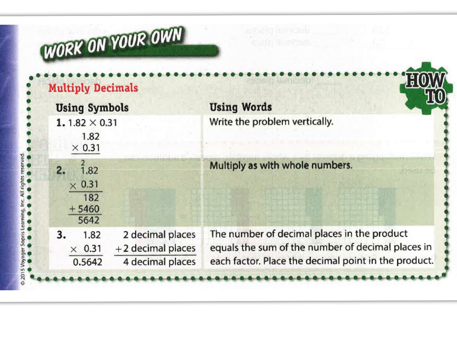Then we look at this one had 2 decimal places. This one had 2 decimal places. So you need to move the decimal place. You need to have 4 places. So the number of decimal places in the product equals the sum of the number of decimal places in each factor. 2 plus 2 is 4. Place the decimal point in the product. So then you had the product right here, and you just went over 4. 1, 2, 3, 4.